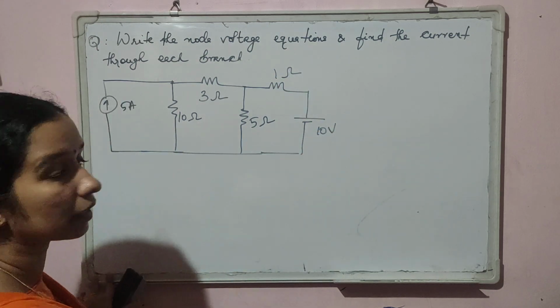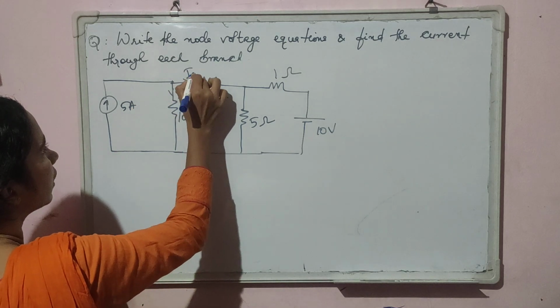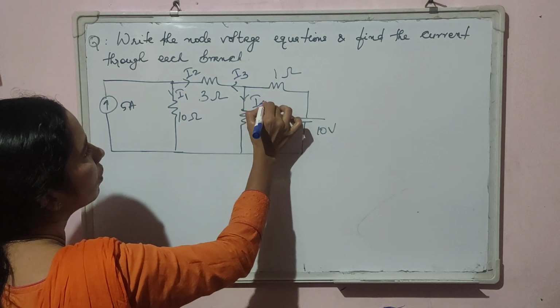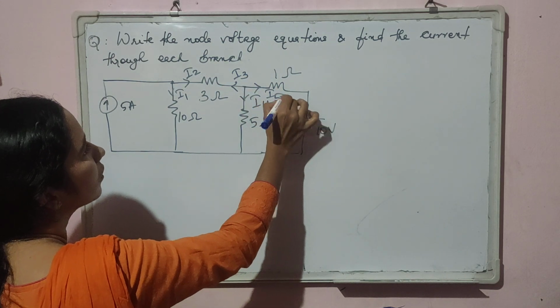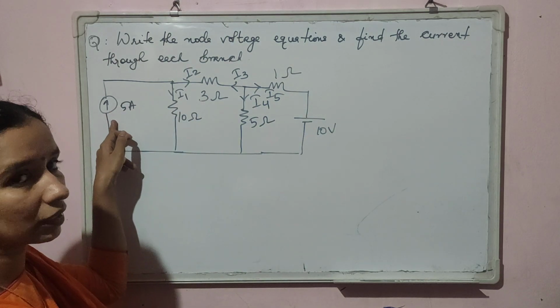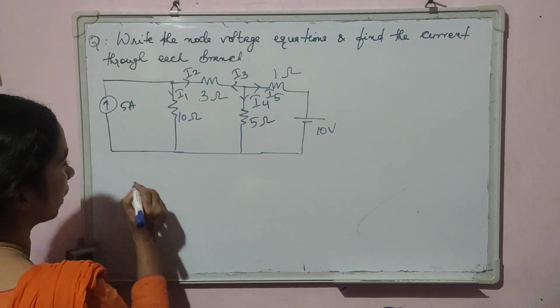So this was our circuit, and this was current I1, this is current I2, current I3, I4 and I5. So various branch currents are marked here. This is one branch current that is already given as 5 ampere. So calculate the remaining branch currents.